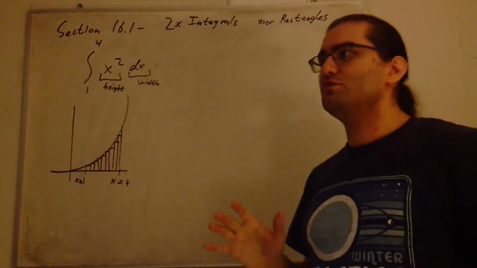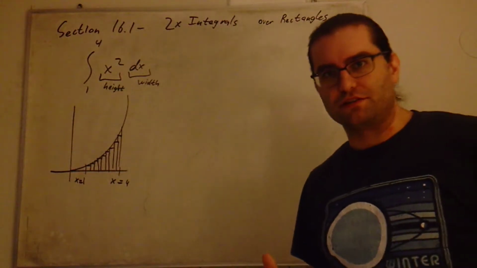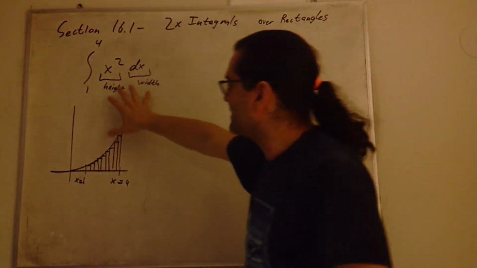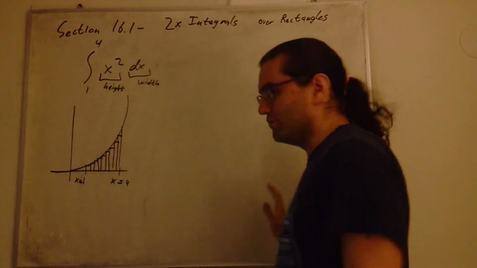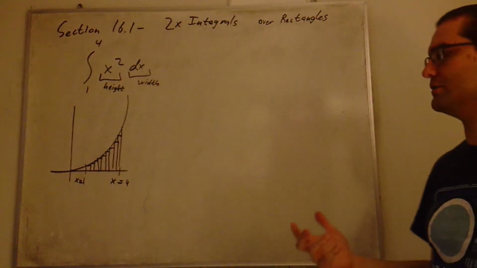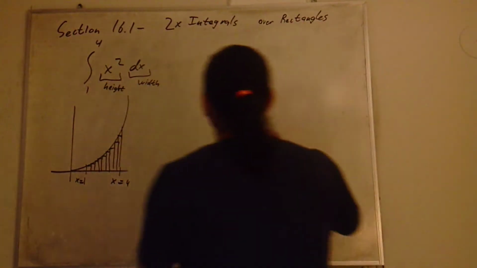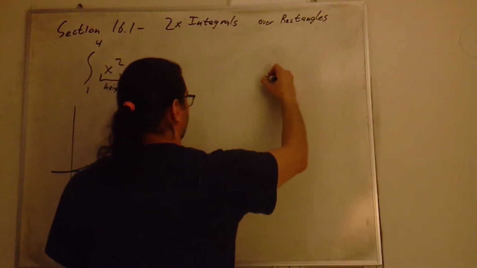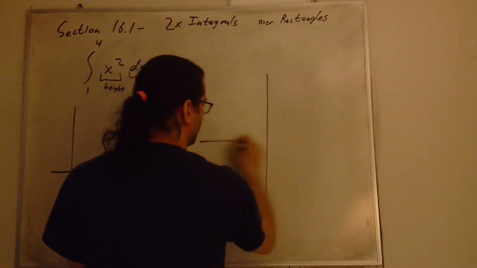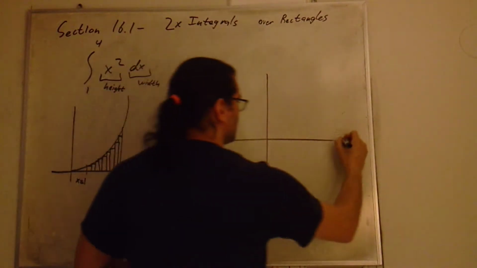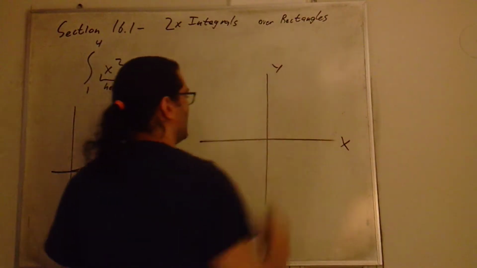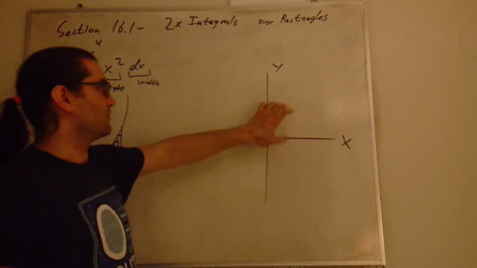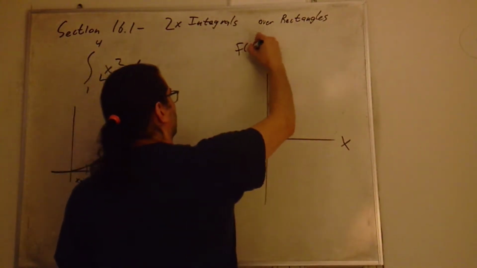When we start doing integrals in 3 dimensions, a lot of these ideas are going to carry over, but they're going to look pretty different. I am still terrible at drawing things in 3 dimensions, so we'll just say that this is x and this is y, and we're going to have some f of x, y here.